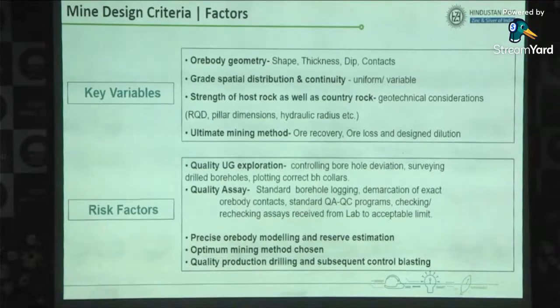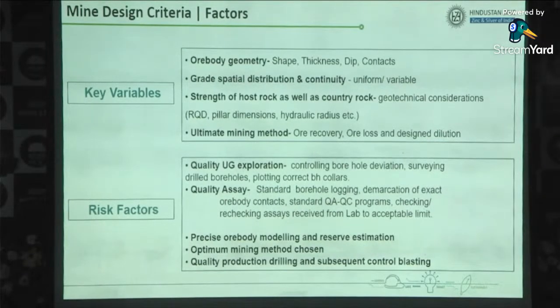While there are some areas where the ore body width is 5 to 8 meter, in that case we are using the longitudinal method. Then grade distribution. If the grade is uniform, then I will go with the transverse method, and if the grade is varying, then I will go with the longitudinal method.